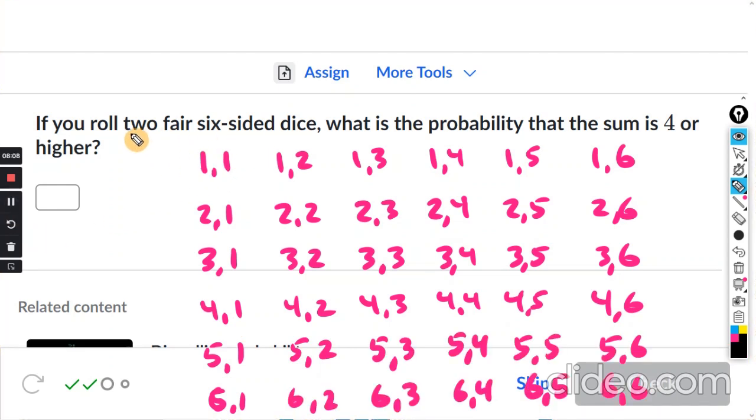All right, so 2 6-sided dice. If you roll something with 6 options and then you roll the die again with 6 options, you're going to end up with 6 times 6 or 36 outcomes.